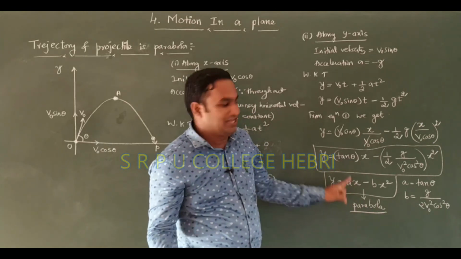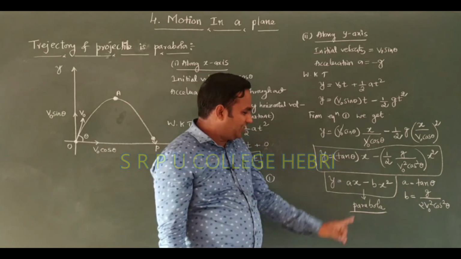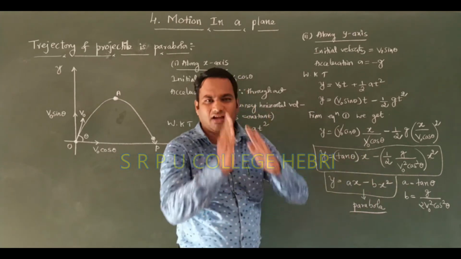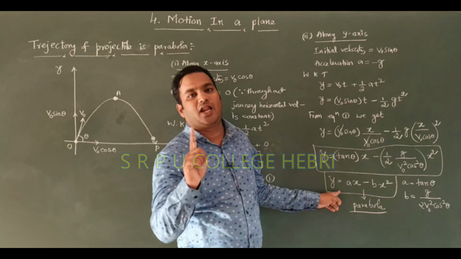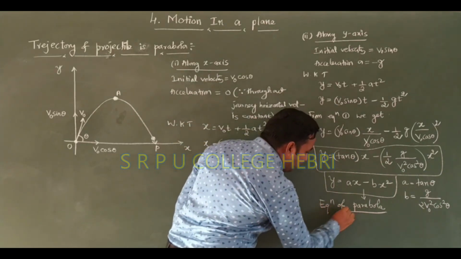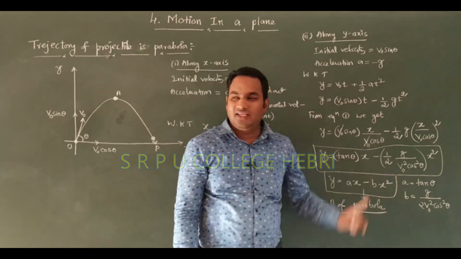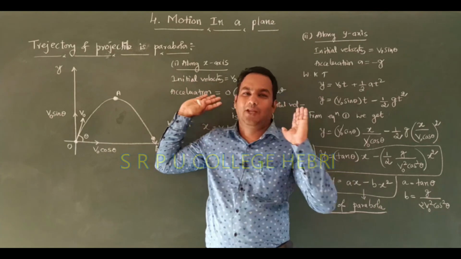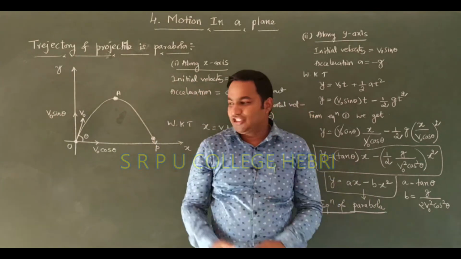Is that clear? Right. Because the equation we have got here exactly represents the equation of a parabola. That's why we can clearly say that the trajectory of a projectile is a parabola. Is that clear? Right.